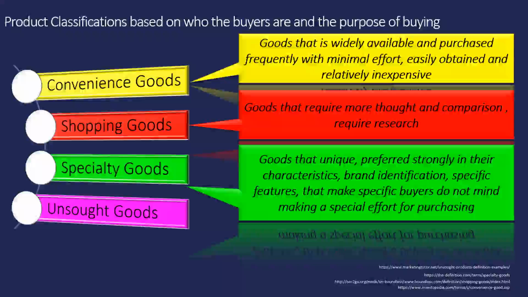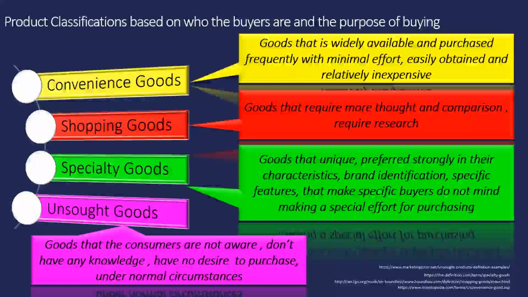Now the next, we have unsought goods. Unsought goods are goods that consumers are not aware of. They do not have any knowledge, or they do not have any desire to purchase these goods under normal circumstances.